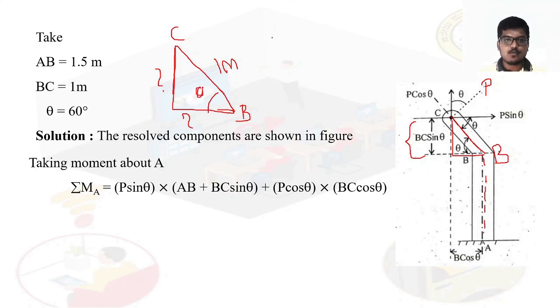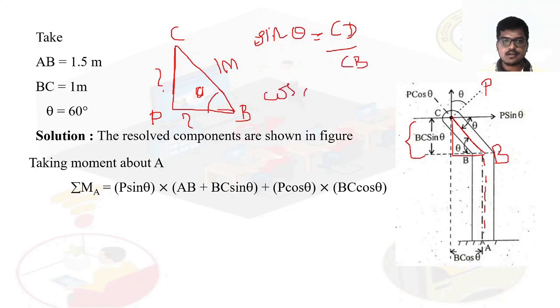Now I'll take sin theta. Sin theta is equal to what? Opposite. What is this opposite? This one. I'll take this as another value, D. So sin theta is equal to CD divided by the hypotenuse, that is CB.